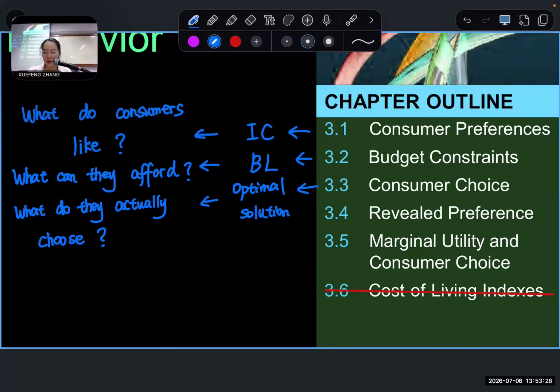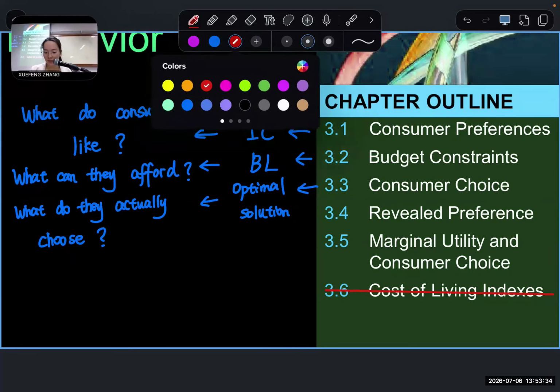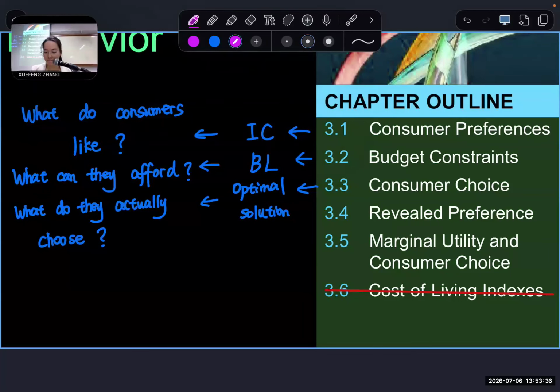And then 3.4, revealed preference. Basically this means that we can see your choice by looking at what you buy instead of asking you. We can observe what you really buy, and the thing that you bought reveals your preference.